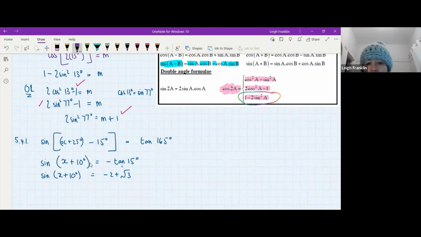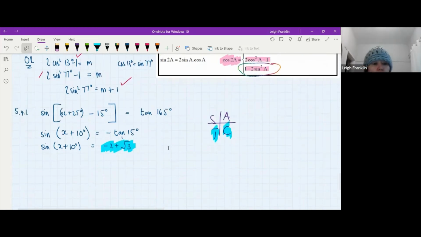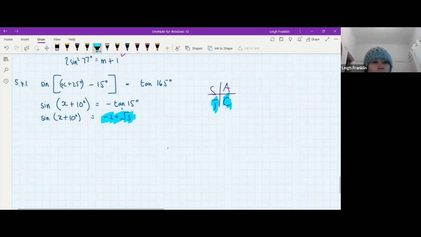So again, if we quickly draw our CAST diagram, our ratio is negative. In which two quadrants is sine x negative? It is negative in quadrant 3 and quadrant 4. So that's where we need to do solutions. But I haven't found the PAA yet, so let's do that quickly.